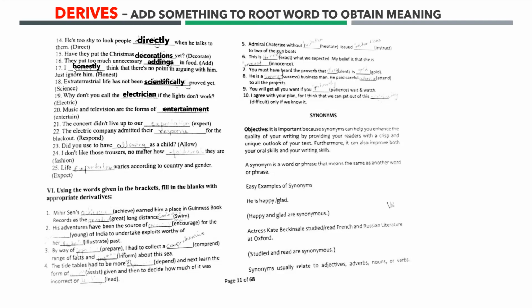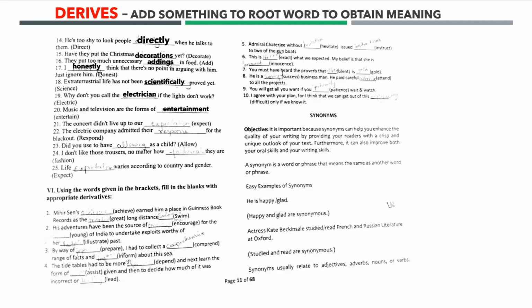The next one: I dash think that there is no point in arguing with him. Just ignore him. The word given to fill in the blank is honest. If we say I honest think, that will not make any sense. So the right thing is: I honestly think that there is no point in arguing with him.